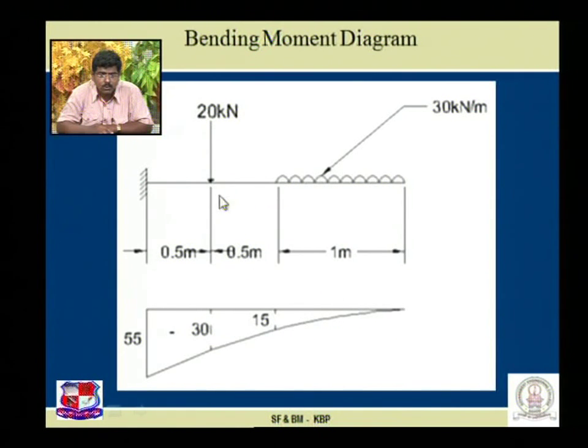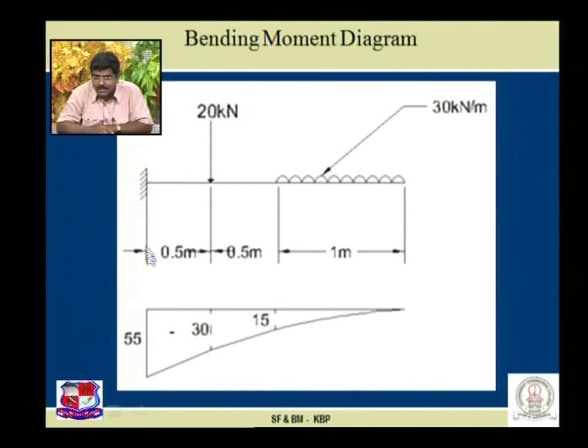Between these two there is no load, so the variation is an inclined straight line, but the value is 30 into 1 into bracket 0.5 plus 1 by 2. 0.5 plus 1 by 2 is 1. So 30 into 1, that is 30, and this is an inclined straight line variation.